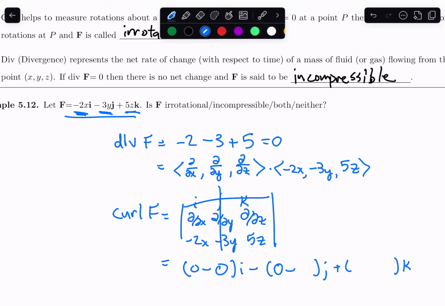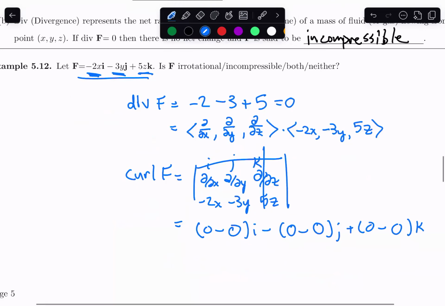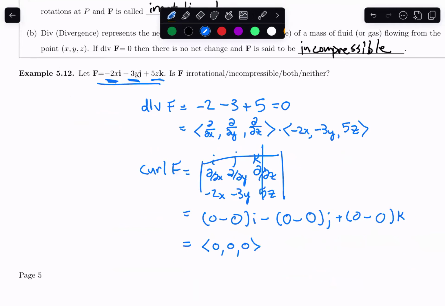Partial derivative with respect to z of -2x. All right, it's looking like it might be irrotational as well. Last one. Partial derivative with respect to x of -3y. Again, no x's. Partial derivative with respect to y of -2x. No y's. So again, there's no rotation going on whatsoever.